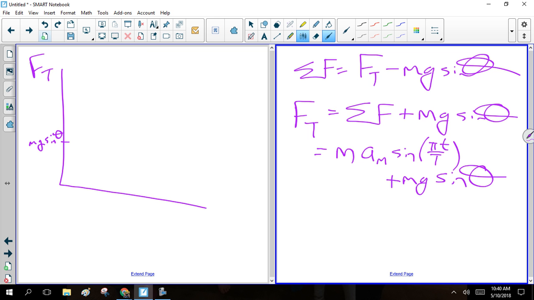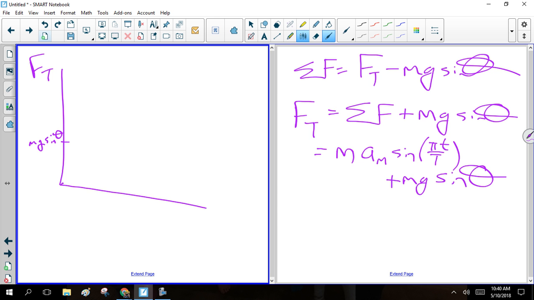So at time 0, if the acceleration is 0, what does the force of the rope have to be? In other words, where does my graph begin? Does it begin down here at 0? No, it's got to start here, because the tension has to cancel out the mg sine theta to make your net force 0. Good?